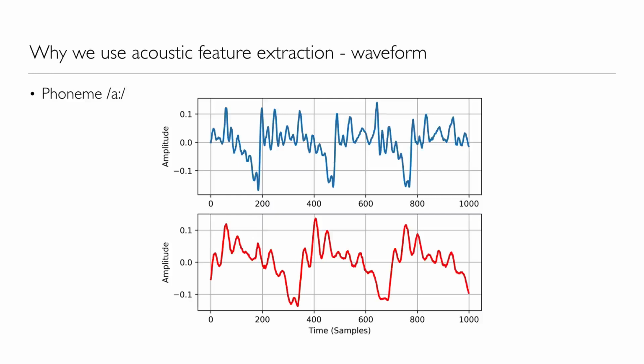So let's talk about this example. We have here two segments of waveforms, and they represent the same phoneme. However, if you take the waveforms and want to put them at the output of the DNN, it's not very easy for the DNN to predict or work with them because they are very different, even though we know that they represent the same phoneme.